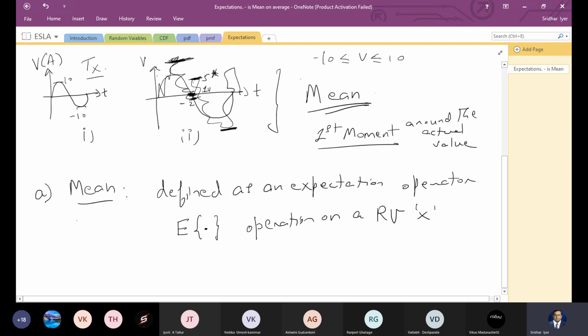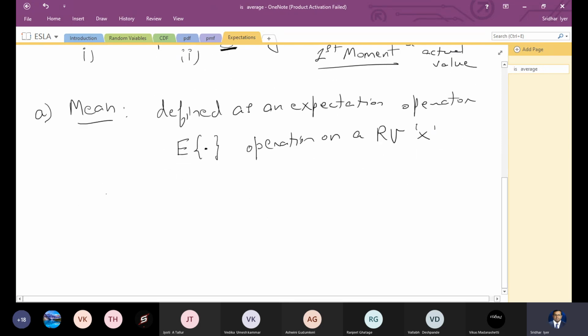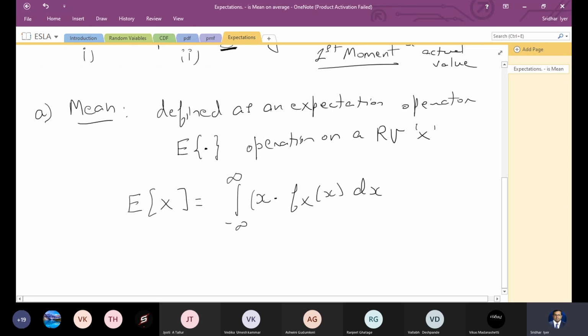So how is this mean defined? If the random variable is X, you have E of X, and this is defined as the integral from negative to positive infinity of X fx of X dx. So X is the value of the random variable, and this multiplies with the PDF of the random variable.